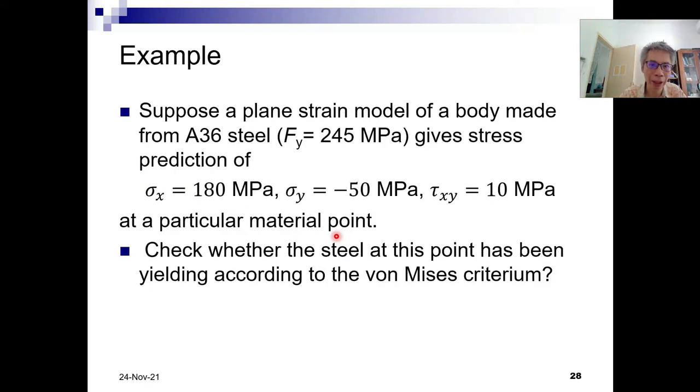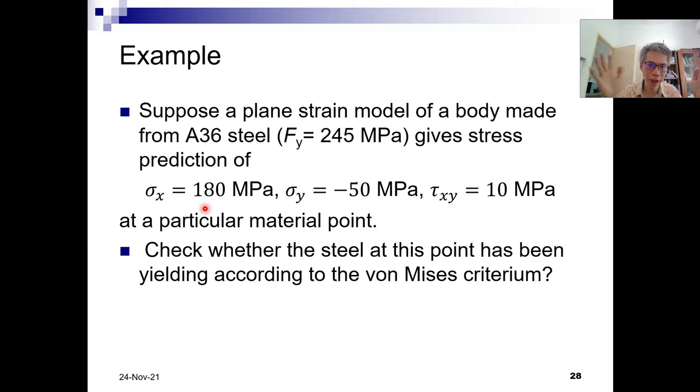Okay, let's take a look at one example here. Suppose we have a plane strain model. The material is made from A36 steel, an ASTM standard, with a yielding stress, let's say, of 245 megapascal. Let's say that we perform a computer analysis for this model, and we found that at a particular point, the stress state is given by these Cartesian components.